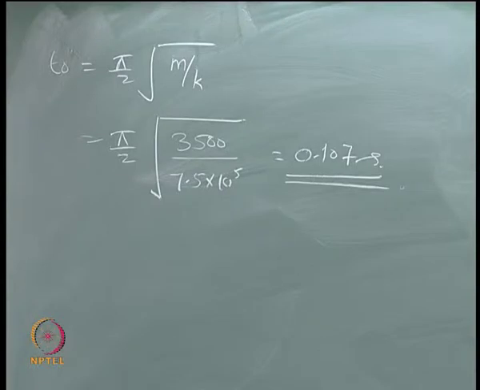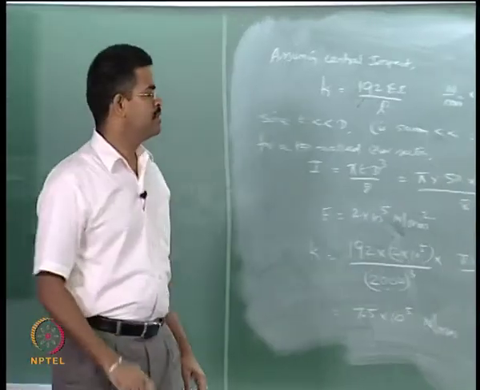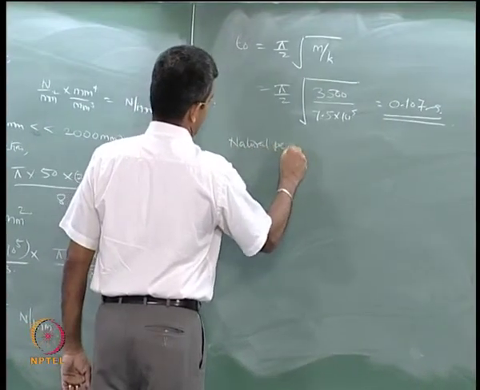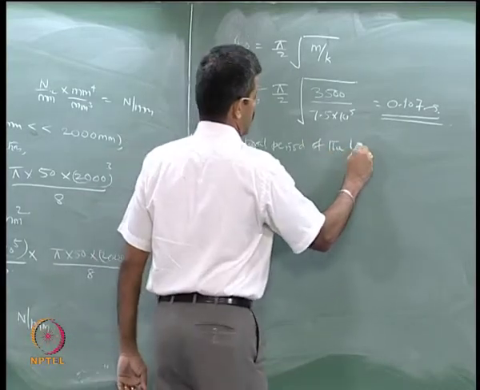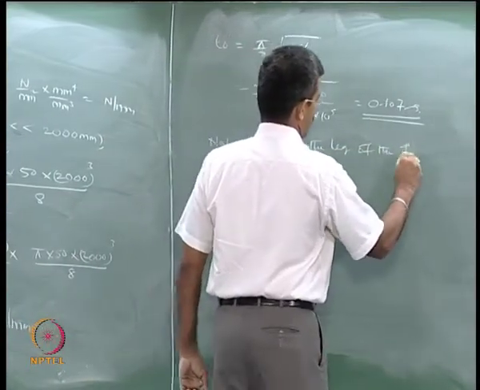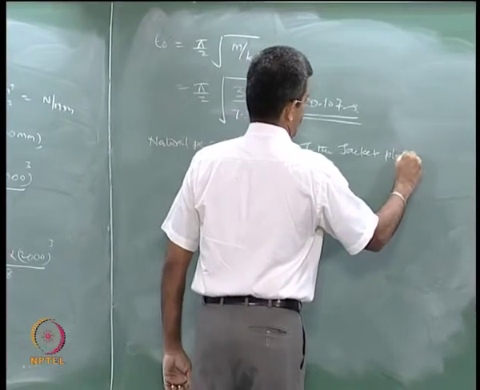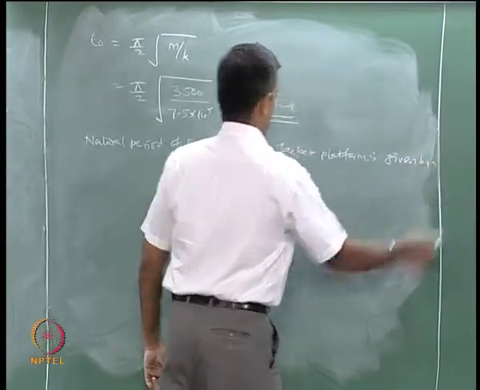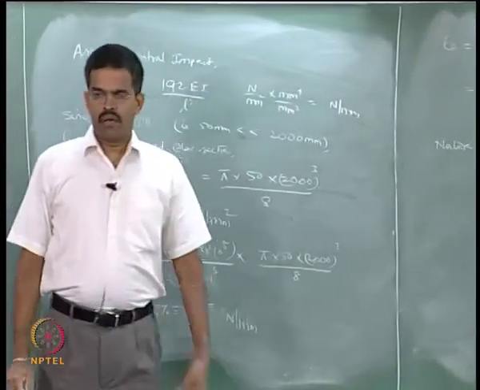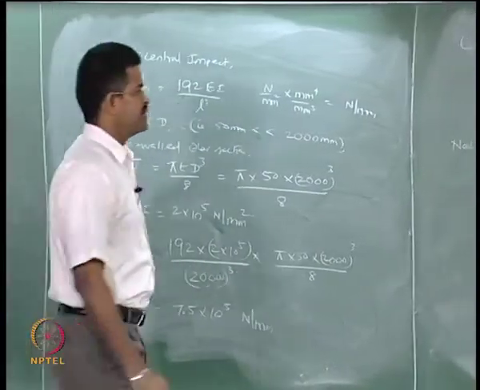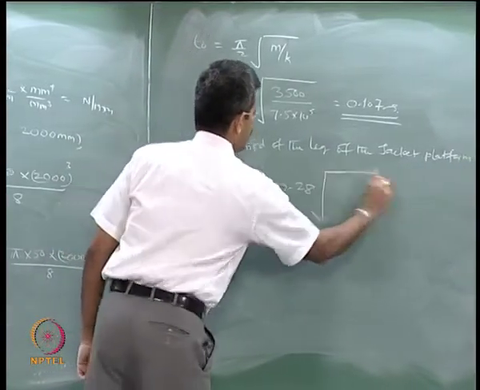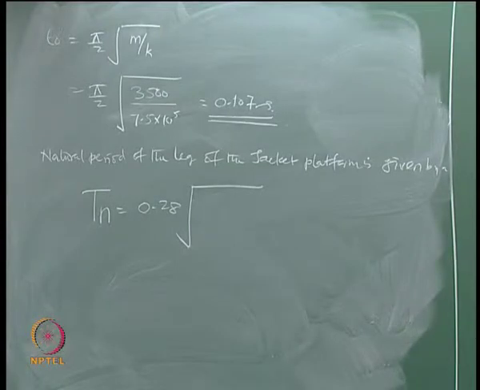Now, I want to compare this with the natural period of the jacket leg. So, the natural period of the jacket leg is given by an approximate equation which says Tn is 0.28 of root of m l to the power 4 by EI.